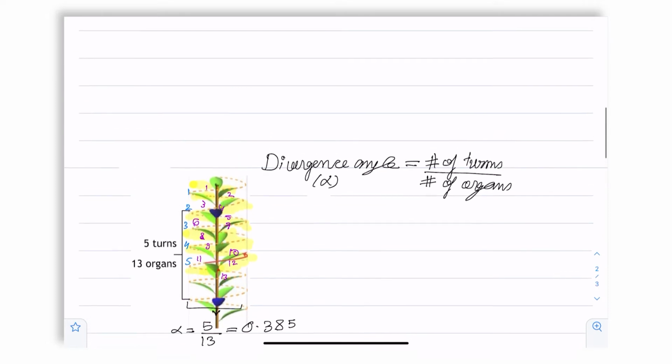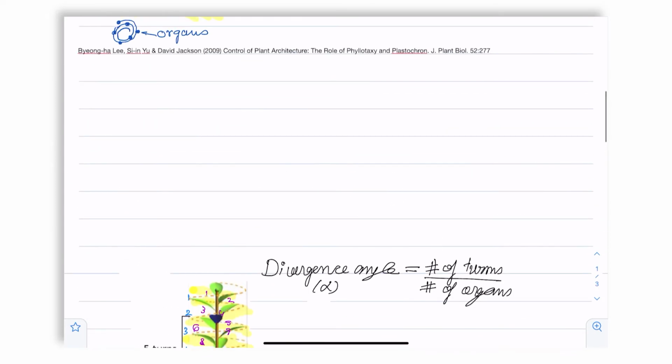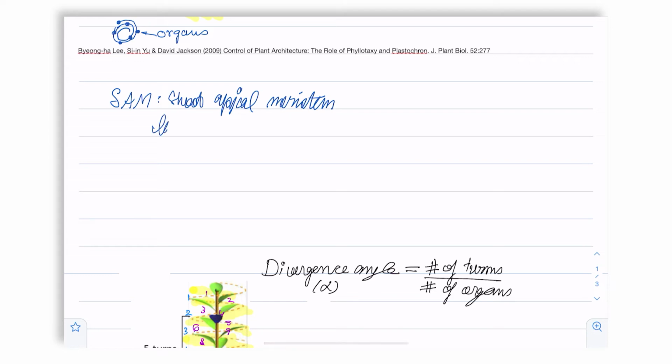The idea is that as the shoot apical meristem forms, it drops off lateral organs along its periphery.